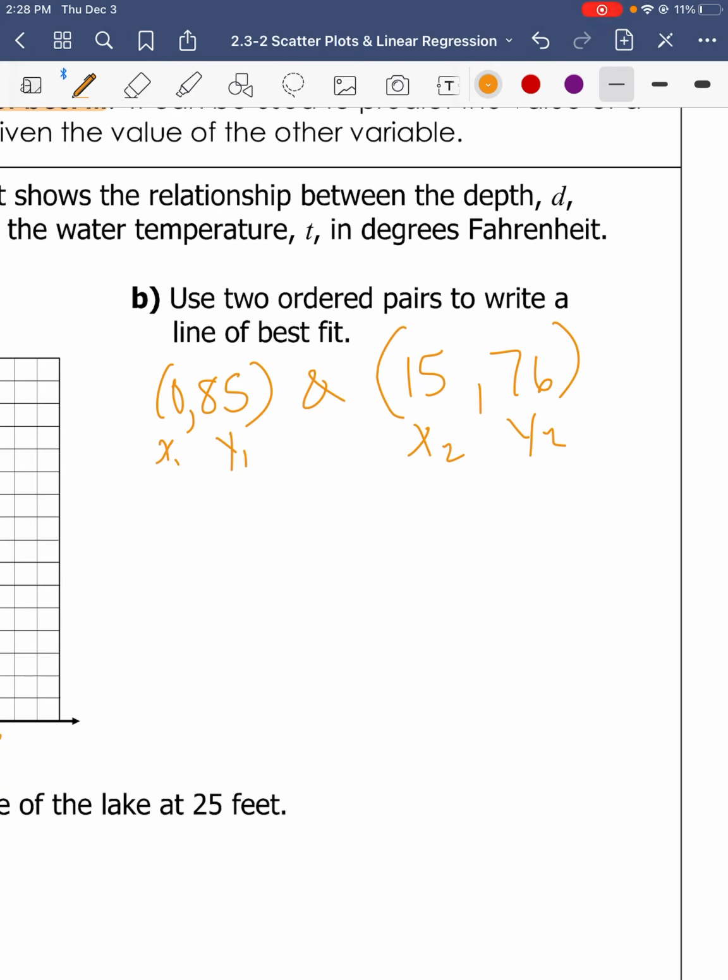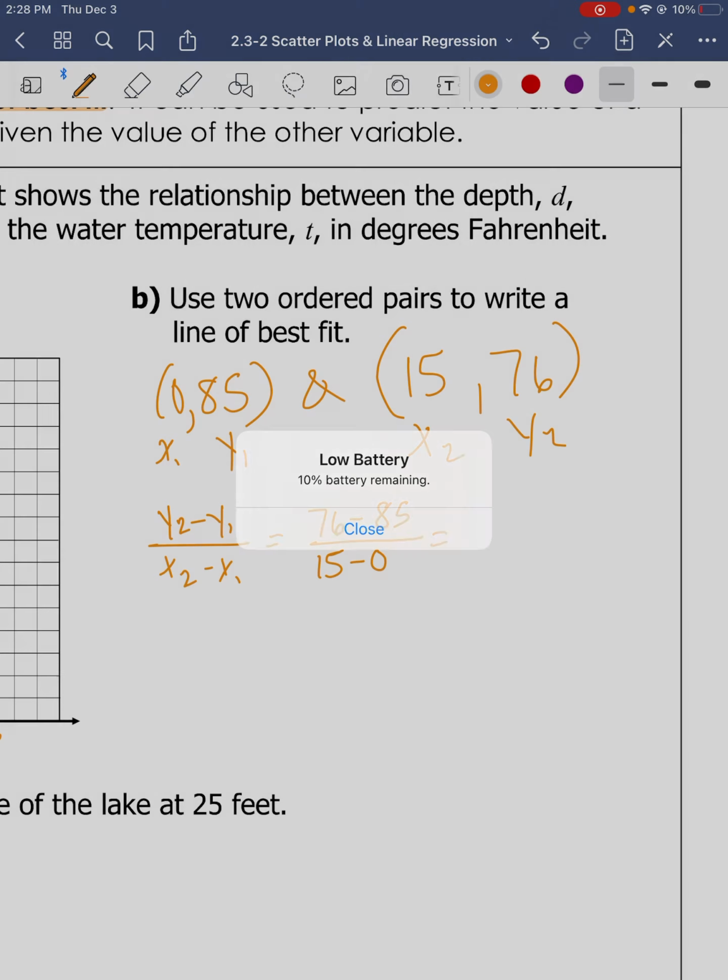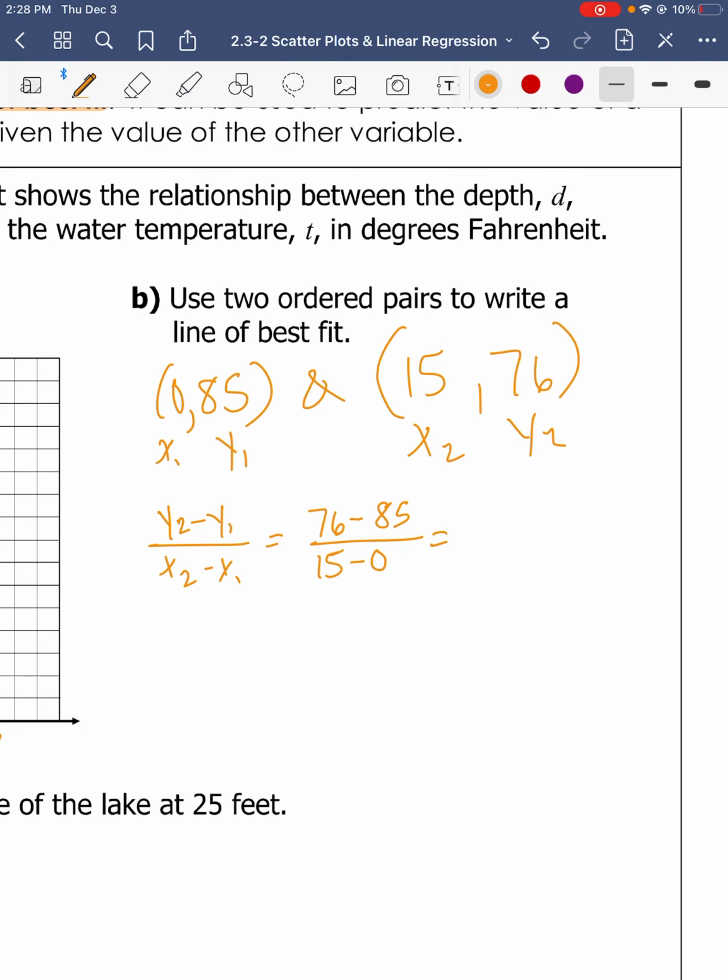That's y2 minus y1 over x2 minus x1. Filling these in, we have 76 minus 85 over 15 minus 0. 76 minus 85 gives us negative 9.